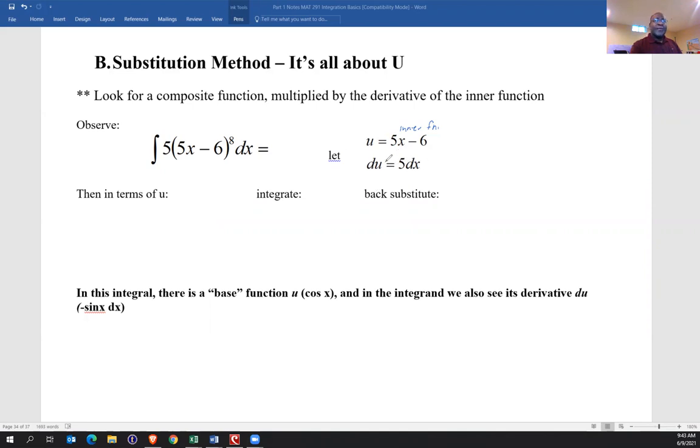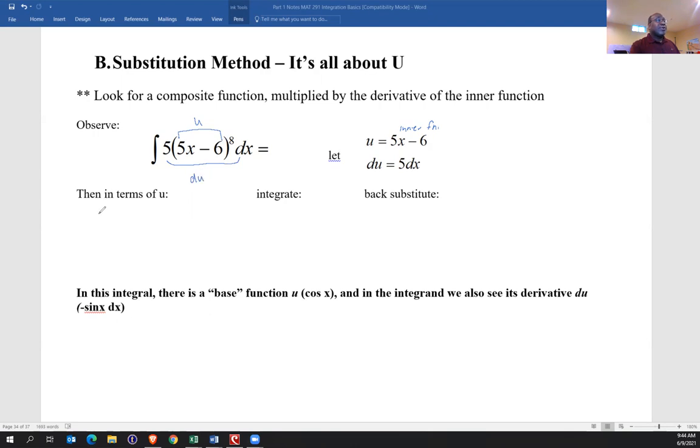So now note here, in this substitution, we have u for 5x minus 6. That's our composite function. But then we have the derivative of that inner function, 5 dx, also as part of the problem.